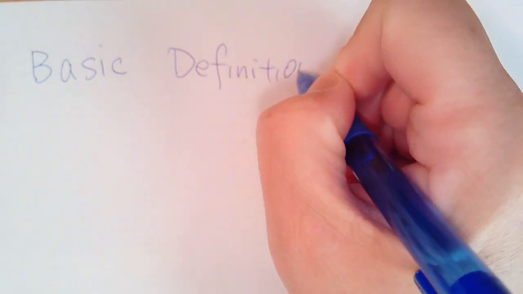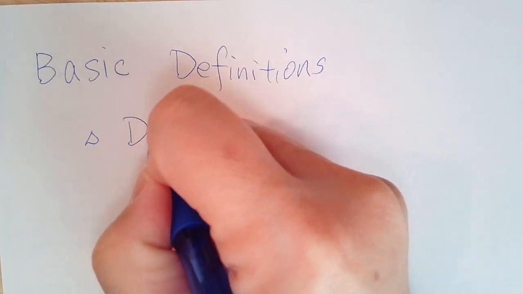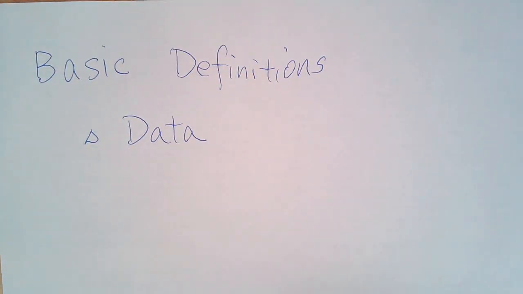Okay, basic definitions. First one is data. When we talk about the data, you probably say, yes, I know what data is. You might think numbers, but actually it could be letters, like gender, male, female, and things like that. So data can be any observation.